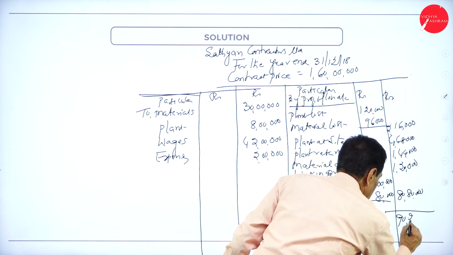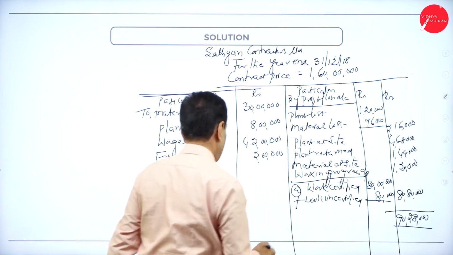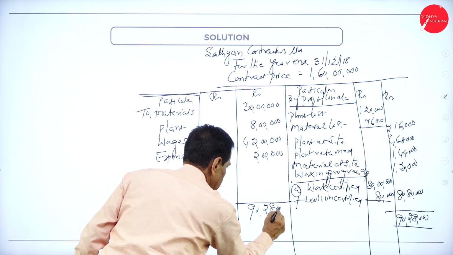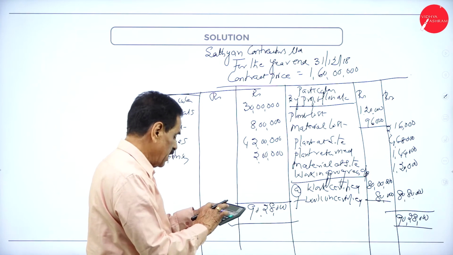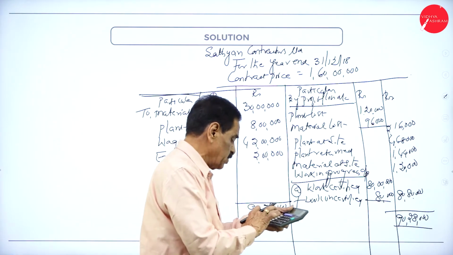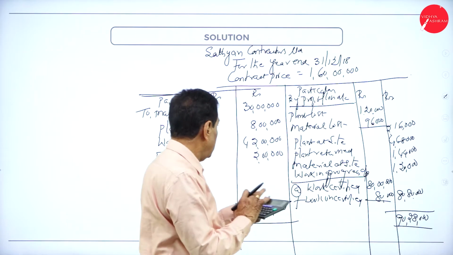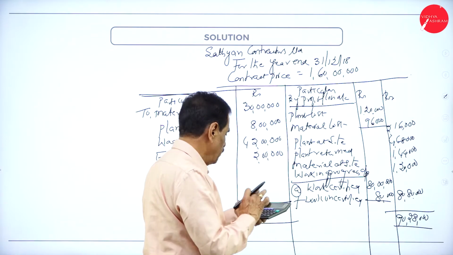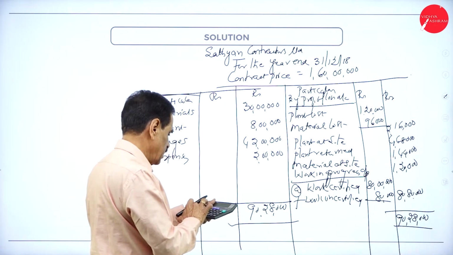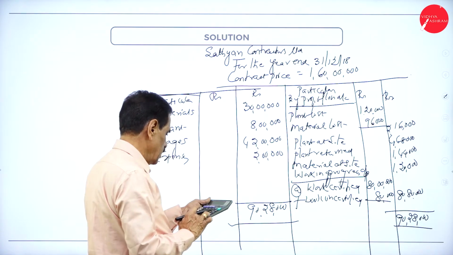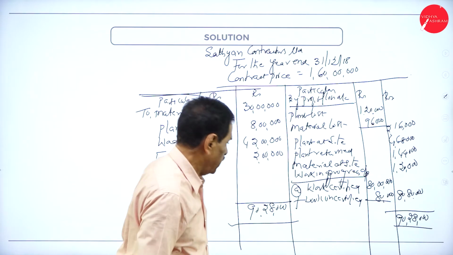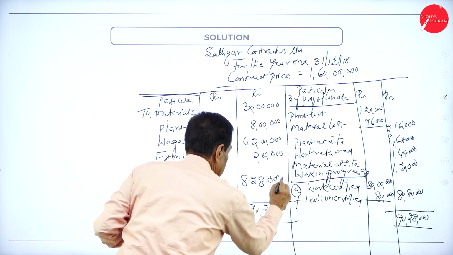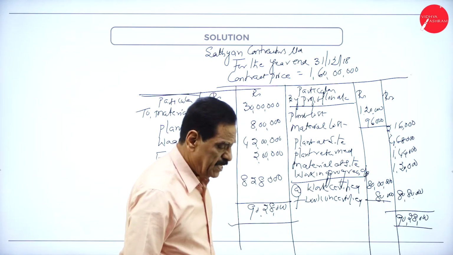Then 30 lakh minus 8 lakh, minus 42 lakh, minus 2 lakh, gives 82 lakh 80,000; the balance is 8 lakh 28,000.